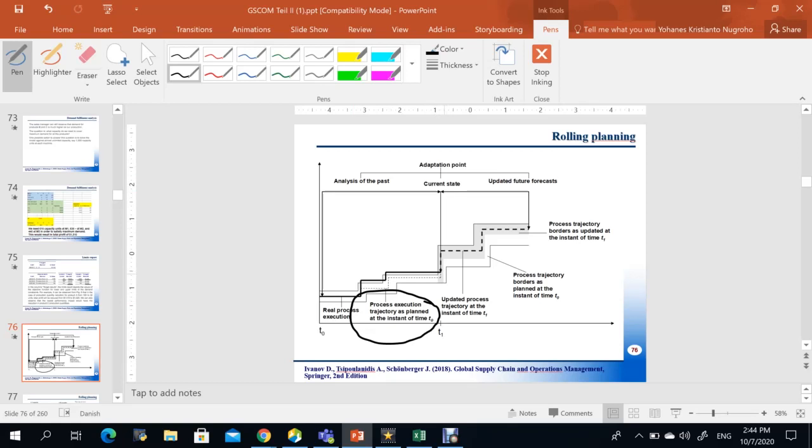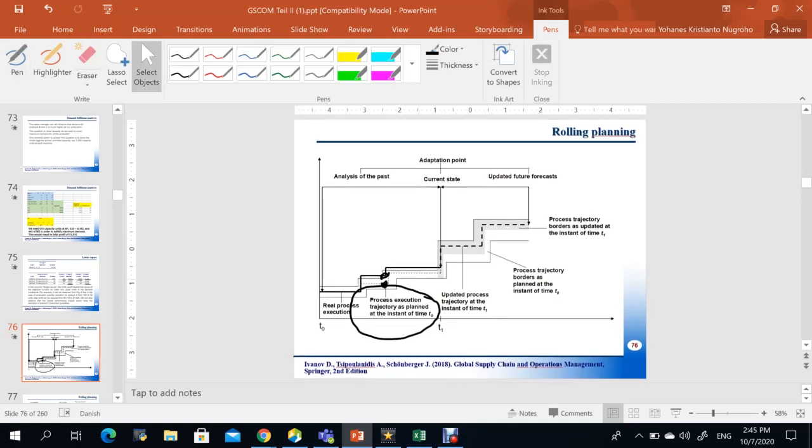There is a change in the process to minimize the gap between the actual, real process execution here and here. We would like to minimize this gap, and therefore by the end of the current state, these two lines again coincide and make a new line, meaning that the process is again under control. All right.